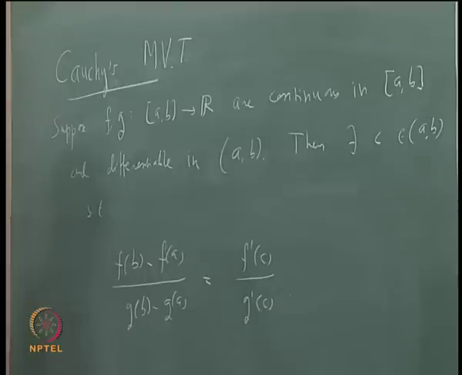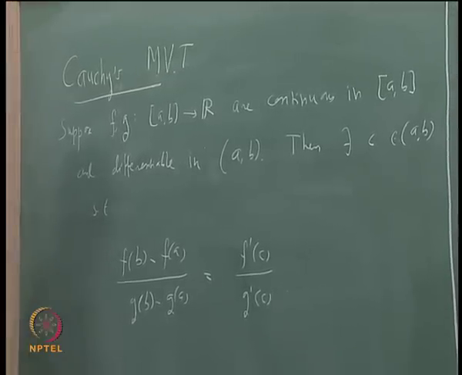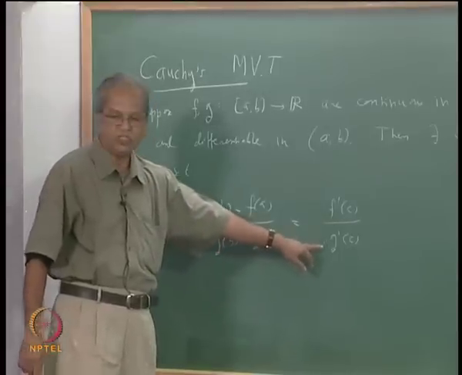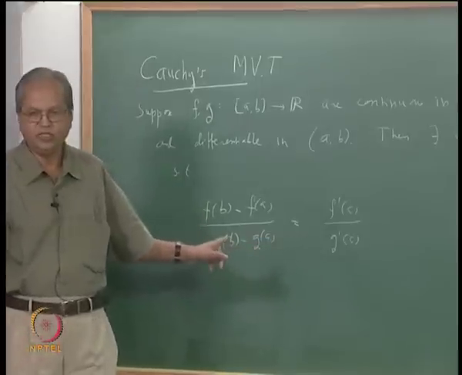This is how it is given in most of the books, right? But you can see that in this formulation there is a slight problem. What is the problem? What if g(b) is equal to g(a)? And similarly, what will happen if g prime c is equal to 0?